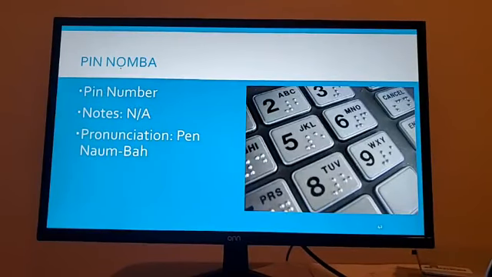So if you notice, as Black Americans, we don't say number very easily without trying, not culturally. We'll say number, just like our African ancestors did. So again, pin number.